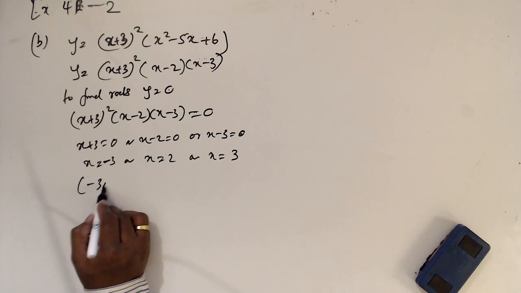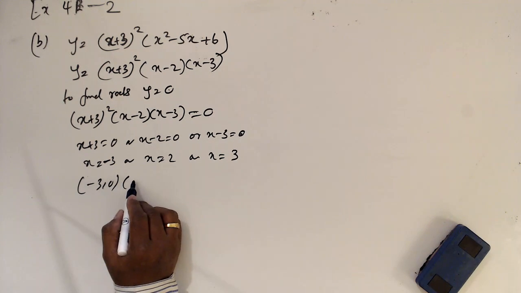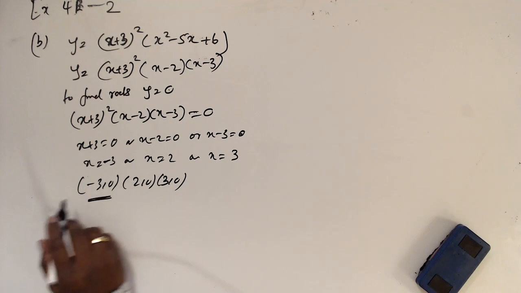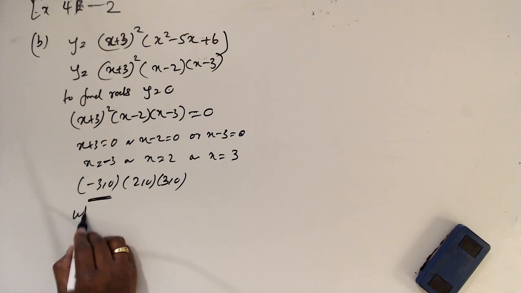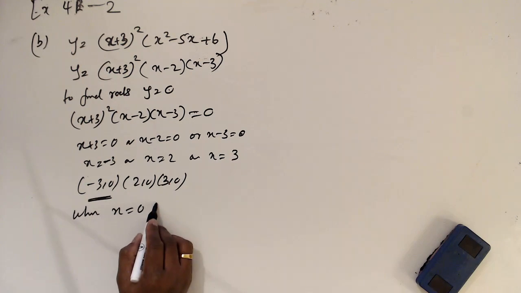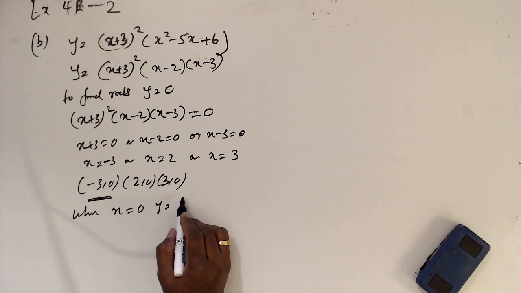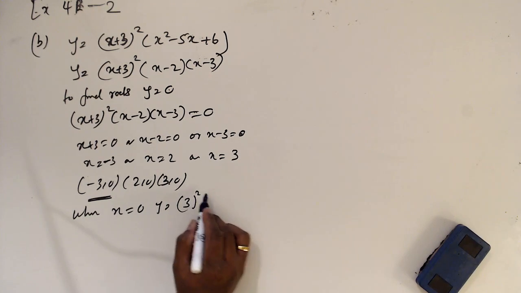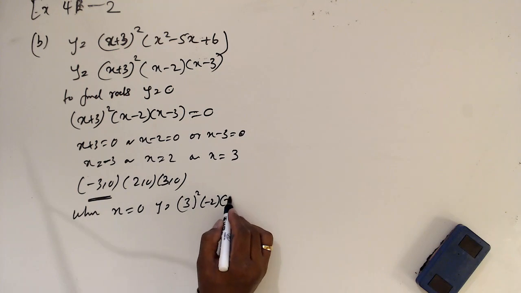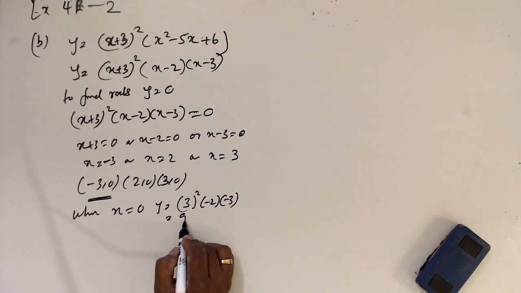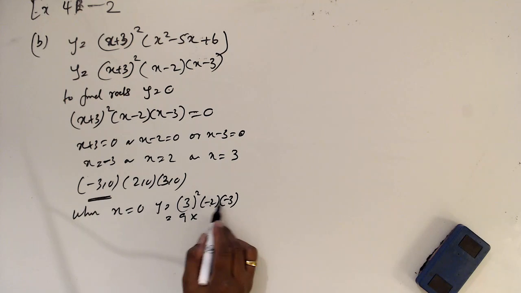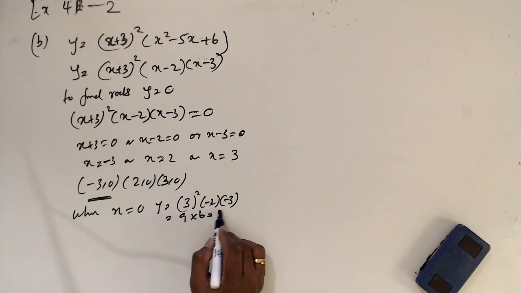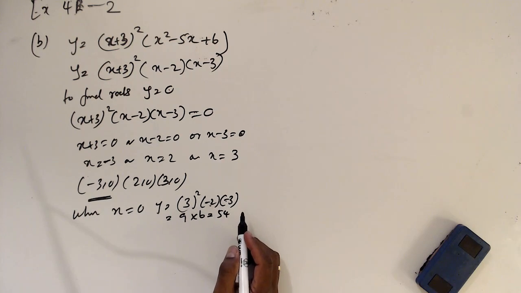So (-3, 0), (2, 0), and (3, 0), and this one is a repeated root. When x equals 0, y equals, applying here, 3 squared times -2 times -3. 9 times, minus minus becomes positive, 54.